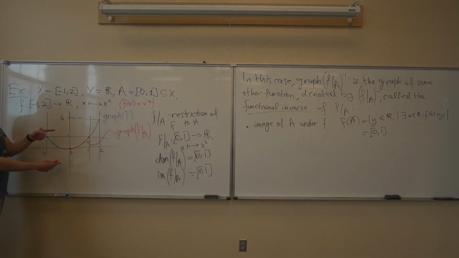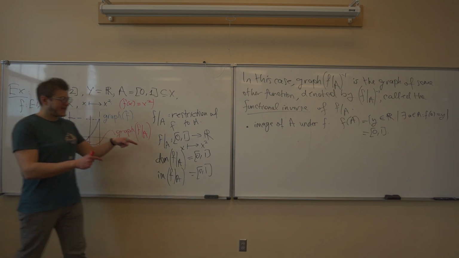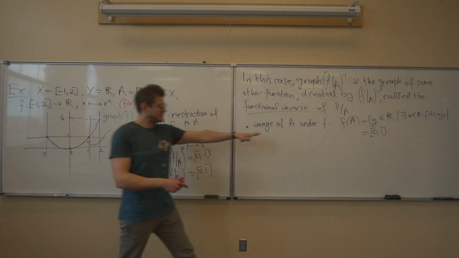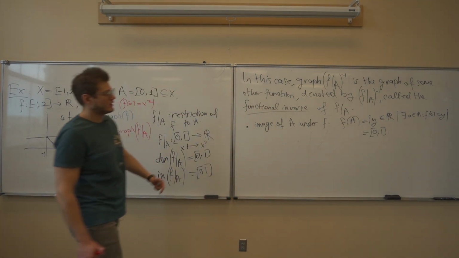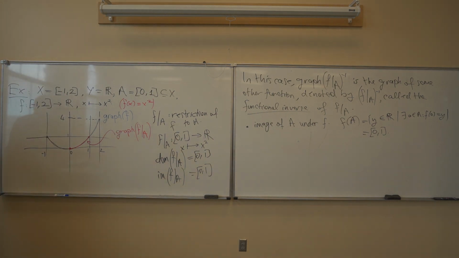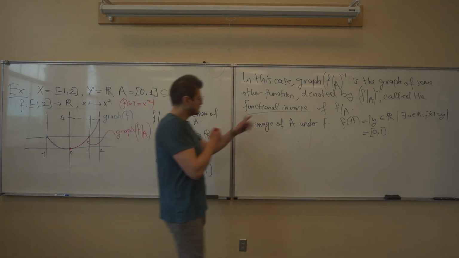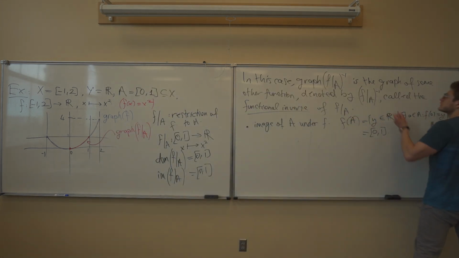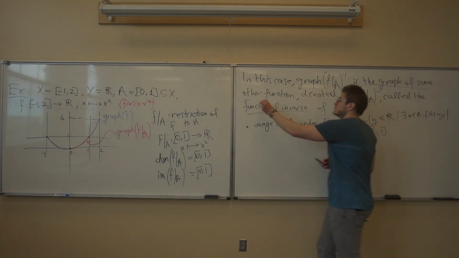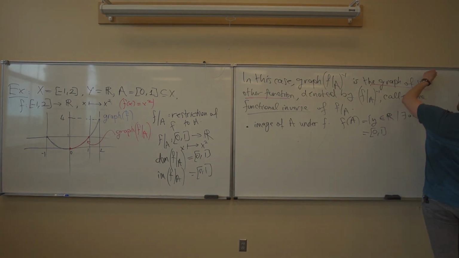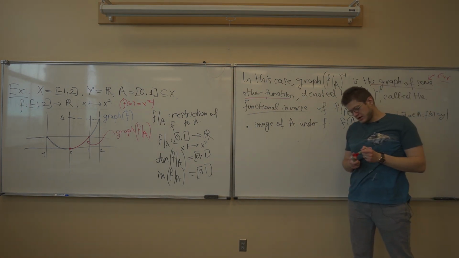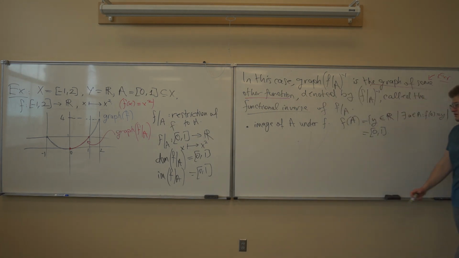So the image of f itself was 0 to 4, but the image of A, the subset under f, is this other subset, okay? And I'm going to leave it as an exercise. Identify this.